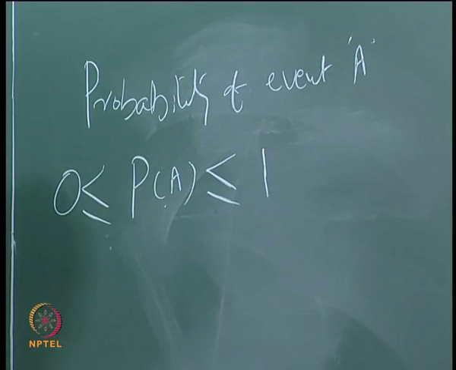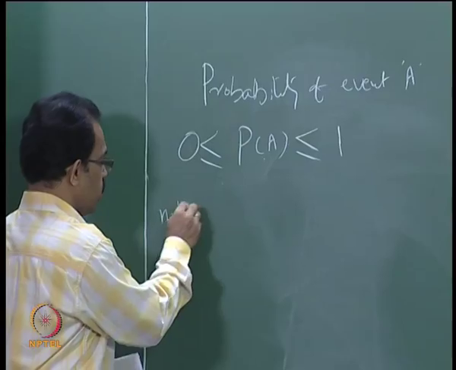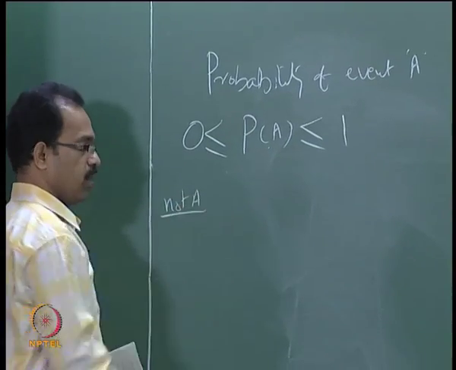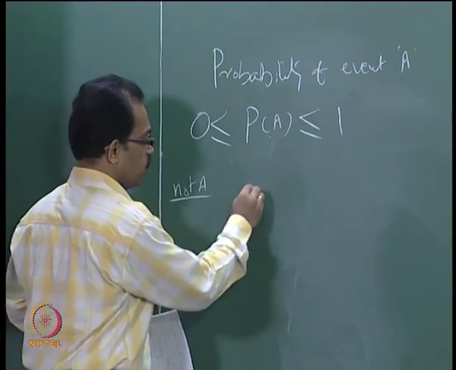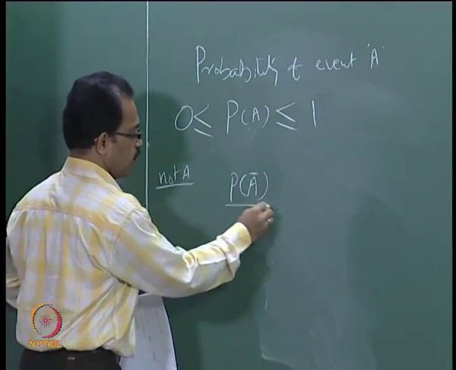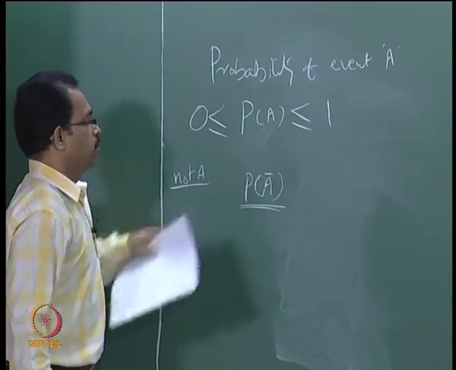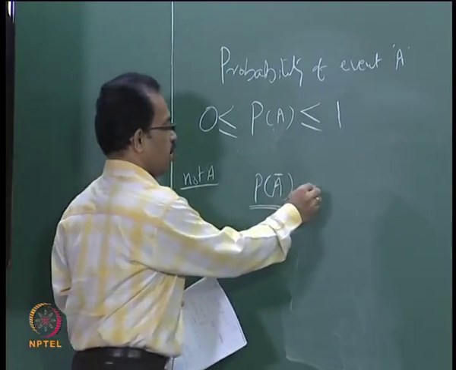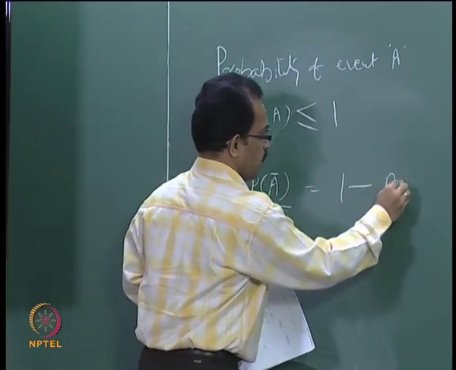And then we have another probability, the probability of the event not happening, that is, not A. If the event is not happening, then we write it as the probability of A complement. So, the probability of A complement, that A is not happening, is equal to 1 minus P(A).